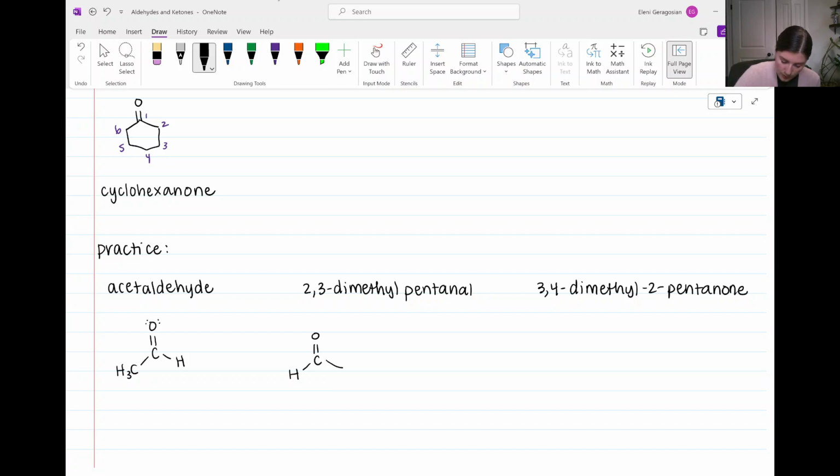So that is carbon 1, carbon 2, 3, 4, 5 carbons so far. So we have the pentanal drawn, and then we have methyls at carbons 2 and 3. So we have a methyl here at carbon 2 and a methyl here at carbon 3, and that's 2,3-dimethyl pentanal.